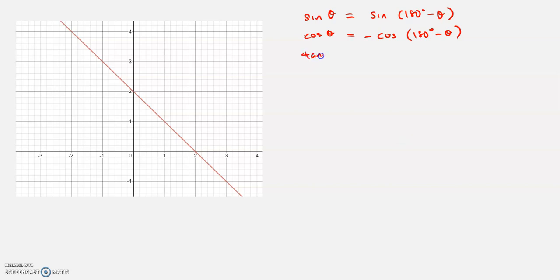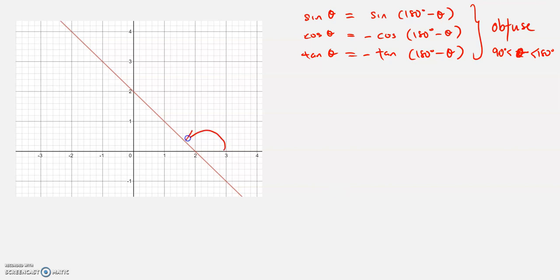Same goes, tangent theta is the negative tangent of 180 minus theta. We know that this happens when an angle is obtuse, meaning between 90 degrees and 180 degrees. If I have an angle that is obtuse, it will add up with another acute angle to form 180 degrees.